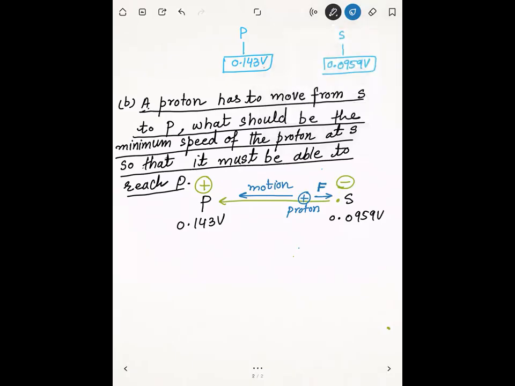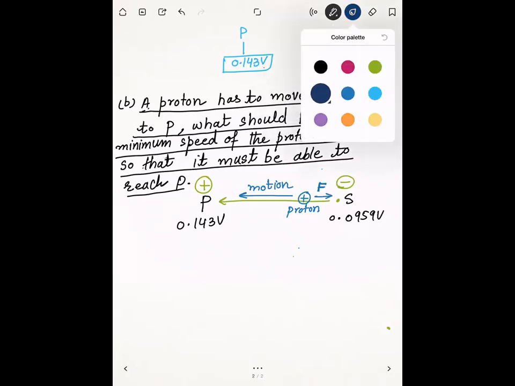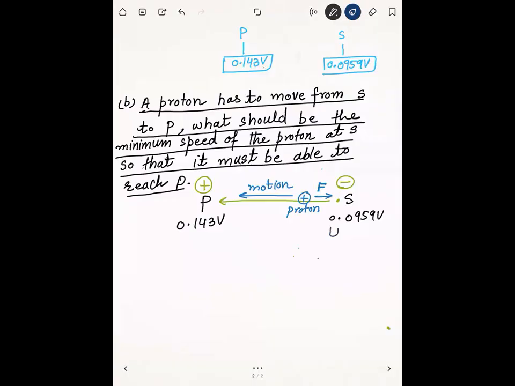You have to calculate the minimum value of U at S so that the proton should be able to reach P, obviously with no kinetic energy. Because when the kinetic energy is just enough to reach P, at P the speed and kinetic energy will be zero. In other words, whenever you have to calculate the minimum initial speed, then the final speed is taken to be zero.